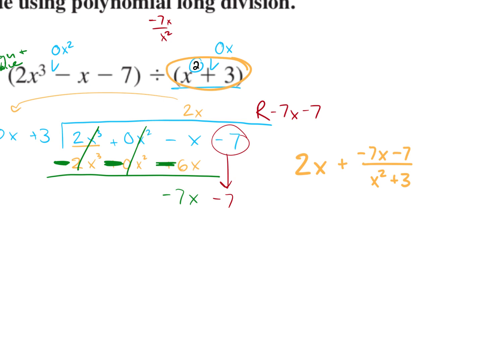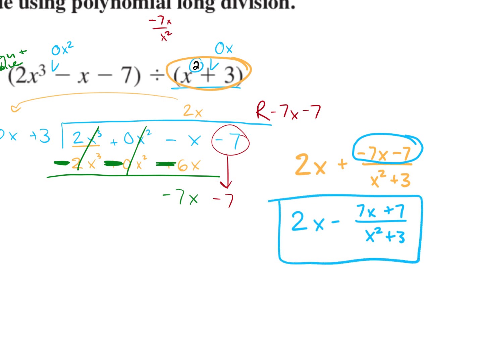Or I talked about it in the video how since both of these have a negative, we can pull that negative out and make it 2x minus 7x plus 7 over x squared plus 3. So we're pulling the negative out from the top and just turning it into a minus. So either one of these would be fine as an answer. Big Ideas might want it the second way.